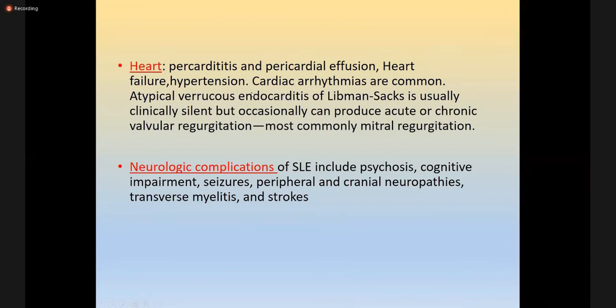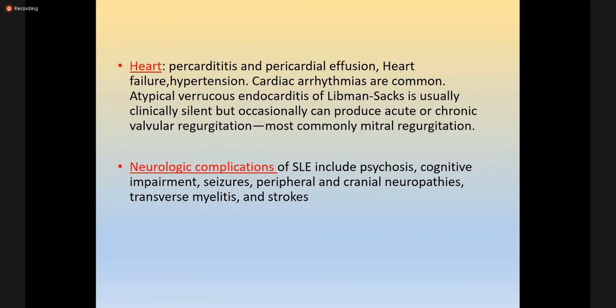And a very rare finding which you can get in SLE is a form of infective endocarditis, in which there is a deposition of vegetations or foreign material over the lining of the walls. Antigen antibody complexes basically get deposited on the lining of the walls.